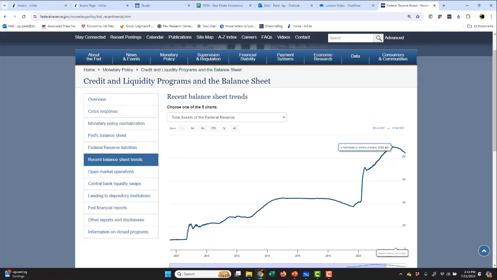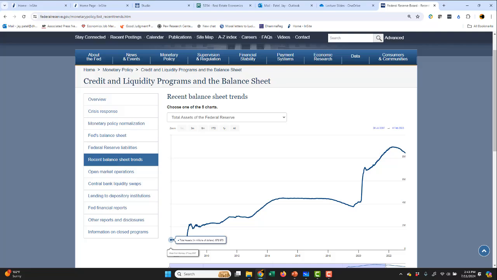Okay, so you can see back in 2008, during the financial crisis, their total balance sheet size, their total assets, was 872 billion. Okay, now the total GDP of the country is around 25 trillion. So this is less than 1/25th of the total size of the US economy.